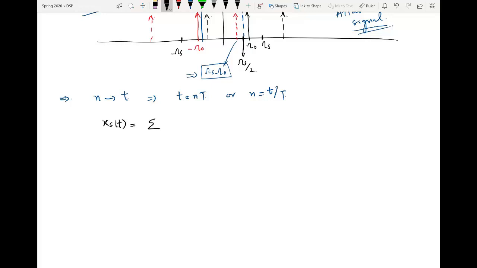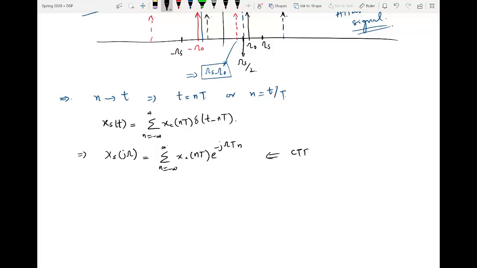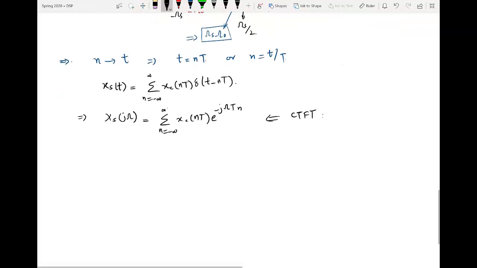Xs of t is equal to the summation over n from minus infinity to infinity of xc of nT multiplied with delta of t minus nT, and the frequency domain expression Xs of j omega is given by the CTFT, which is the summation over n from minus infinity to infinity of xc of nT multiplied by e raised to power minus j omega T n. So this is basically the formulation of CTFT.